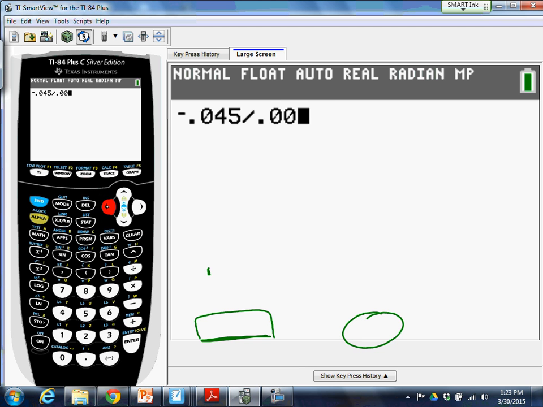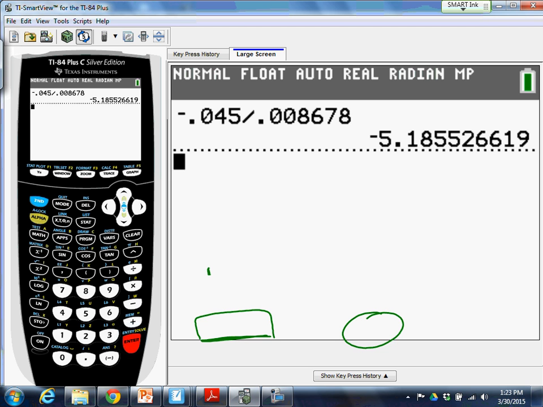Got this new system, it's kind of lagging a little bit. Here we go, and that should get us our test statistic. And again, it's a touch different because we had rounded that standard error a little bit. So it was negative 4 point something on the graph. We got negative 5 point something. So I'll be able to tell if you set it up correctly, and I won't make a huge deal about the rounding. So okay, I just want to show you how that all fit together.